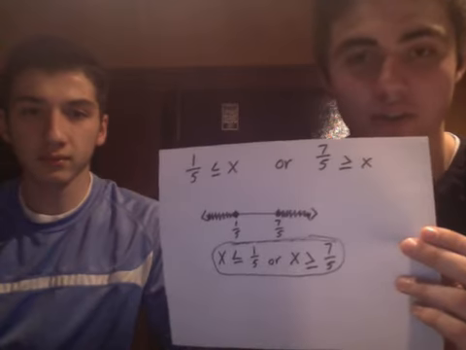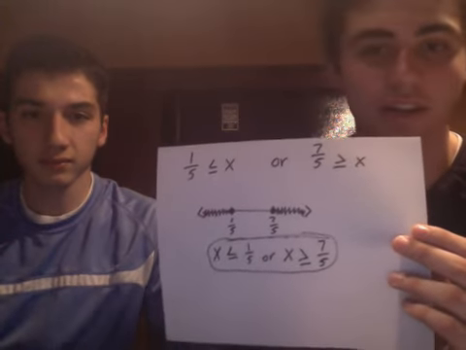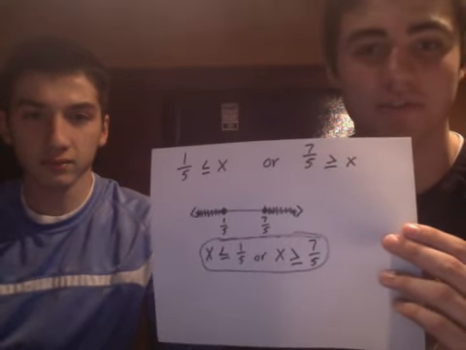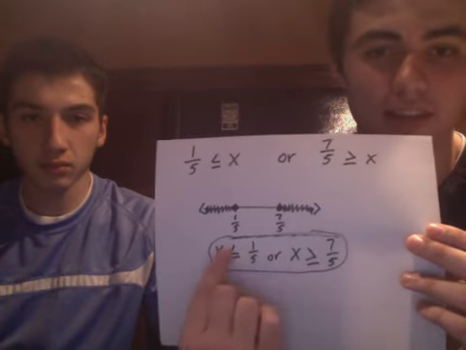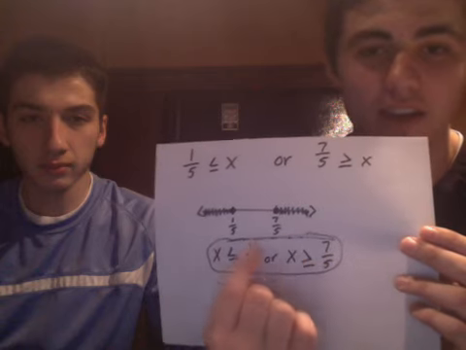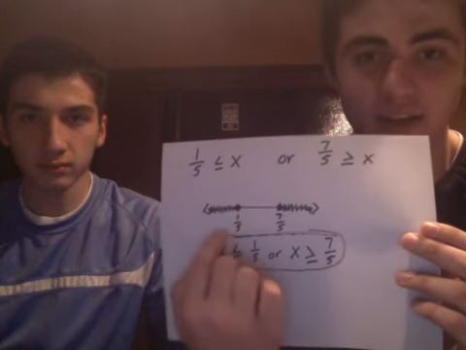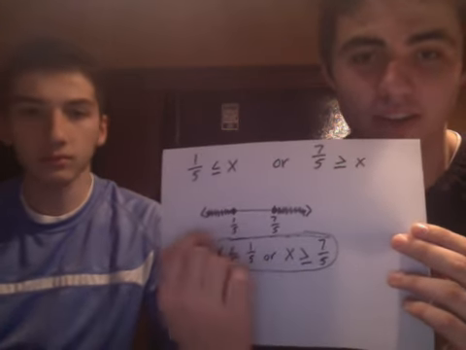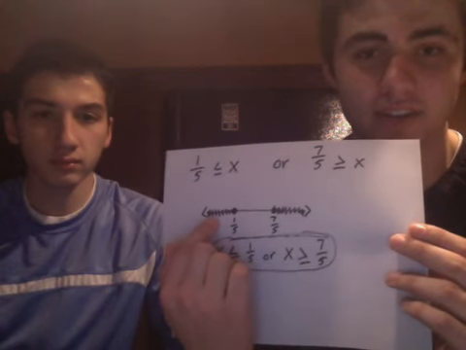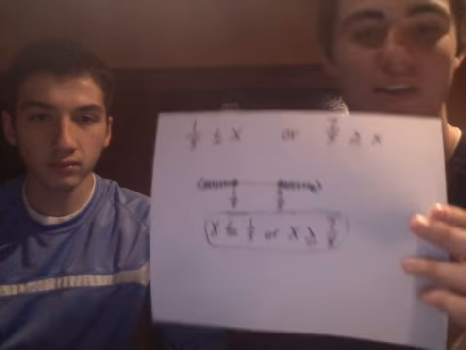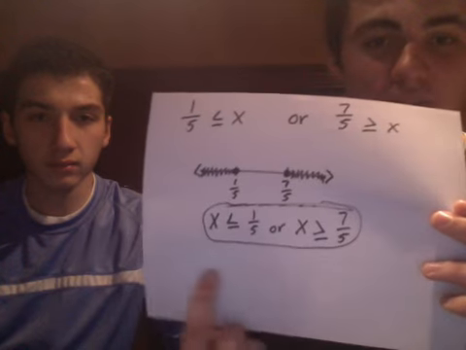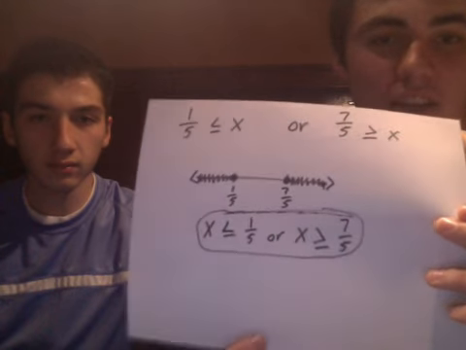So we have x is less than or equal to 1/5, or x is greater than or equal to 7/5. You would make a point at 1/5 and 7/5 with closed dots, and then you shade the line on the outsides, the sides that are less than 1/5 and greater than 7/5, and that would give you your final answer.